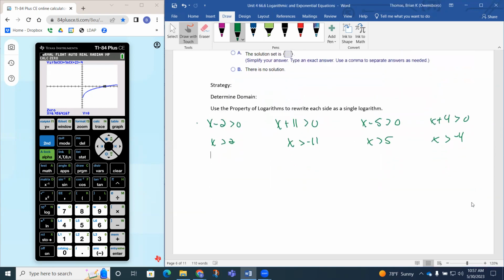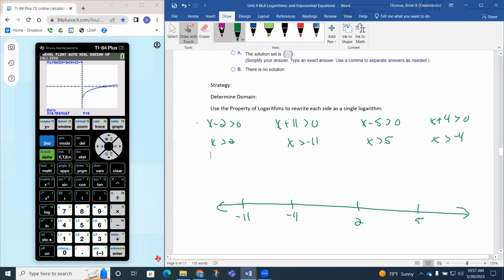So if I look at this on a number line perspective, negative 11 would be the furthest one over. We have a negative 4, and then we have a 2, and we have a 5.